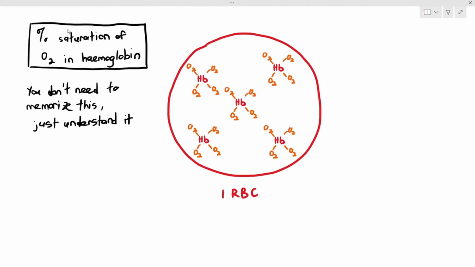Let's try another one. In this case over here, let's count out the amount of oxygen. We're going to do it one at a time. 1, 2, 3, 4, 5, 6, 7, 8, 9, 10, 11, 12, 13, 14, 15, 16, 17, 18, 19, 20.